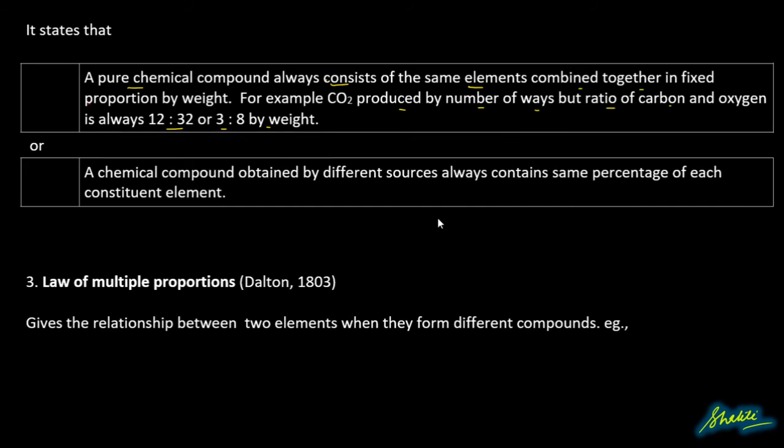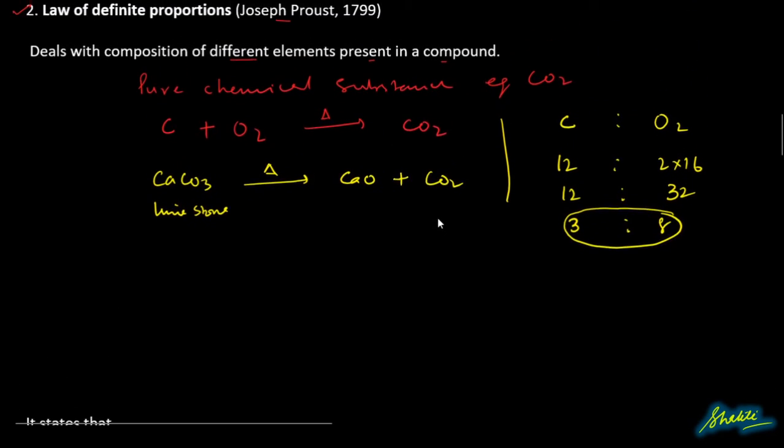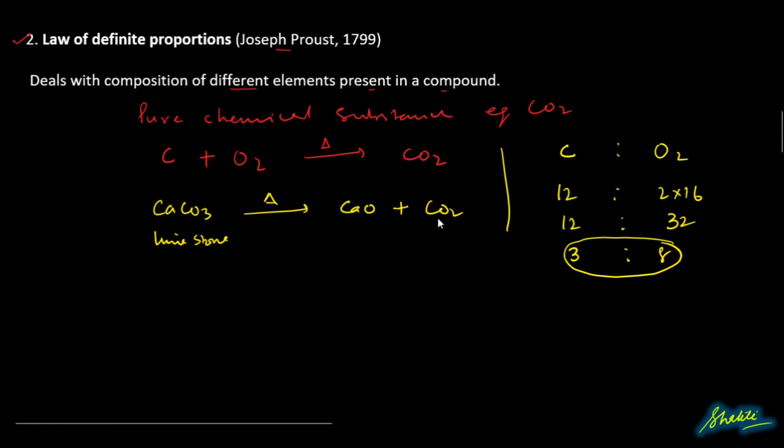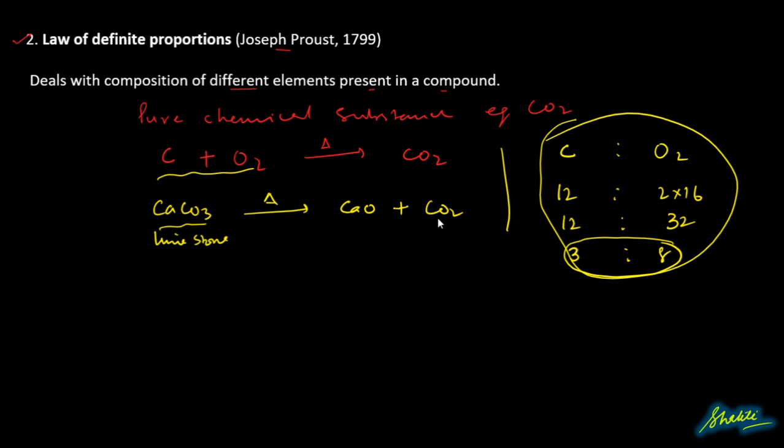Or a chemical compound obtained from different sources always contains same percentage of each constituent element. So the carbon dioxide which we have obtained first by combining carbon and oxygen, then by heating calcium carbonate, the composition of carbon dioxide is always same. This is the crux of the law.